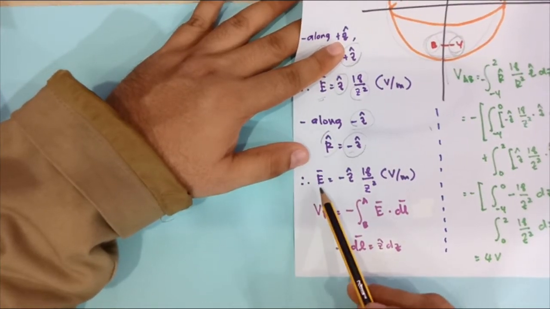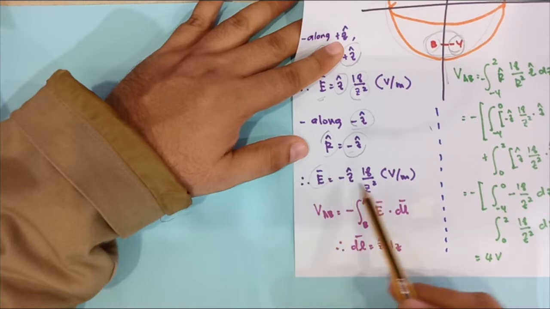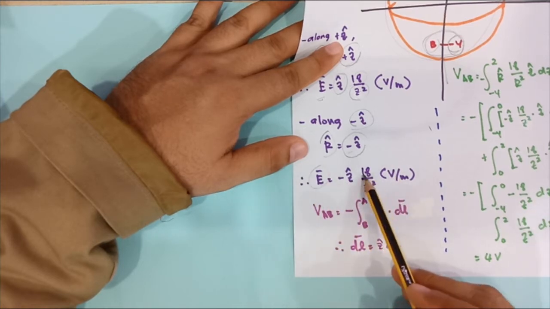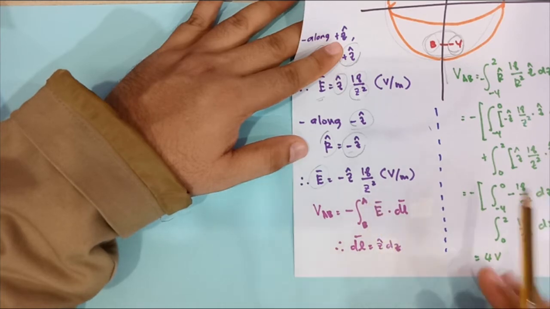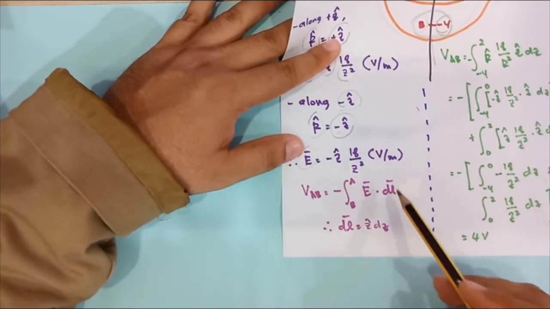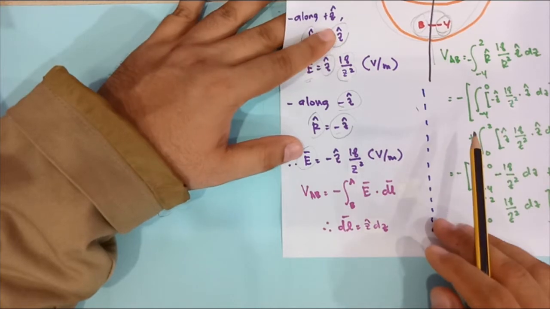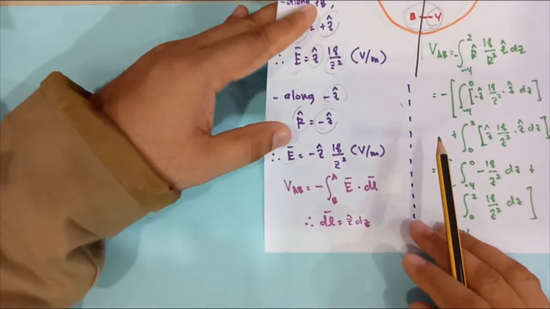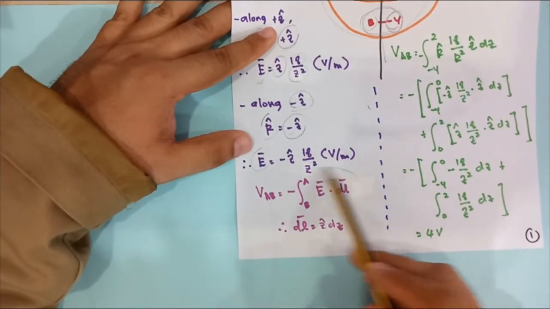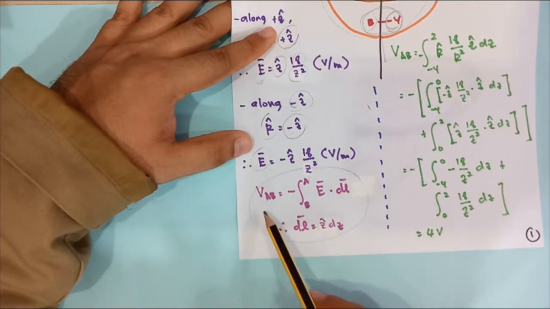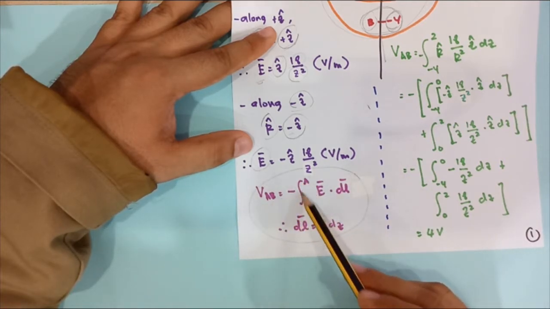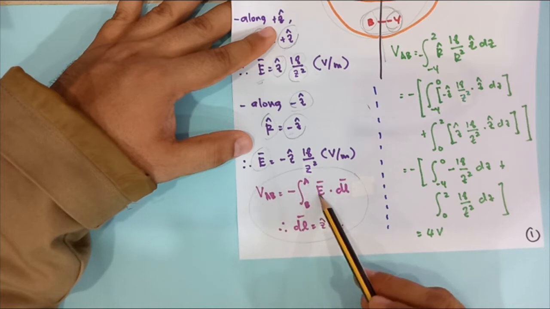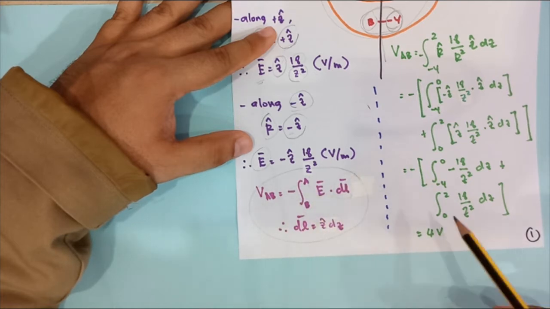Then our vector E here is equal to minus z cap, 18 divided by z squared. In order to find the potential difference between those points, we need to use this equation, where VAB is equal to minus integration from B to A of E dot dl.